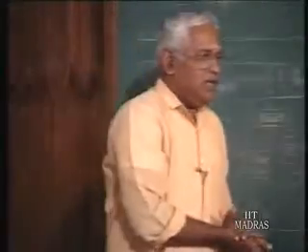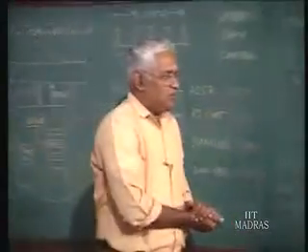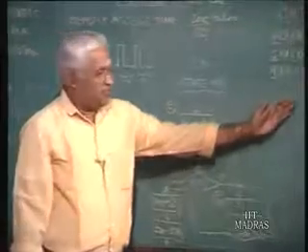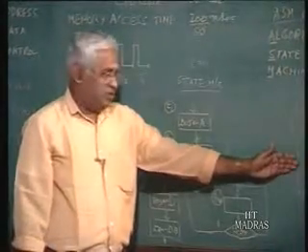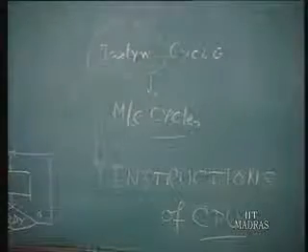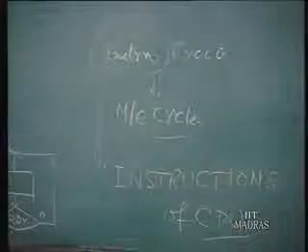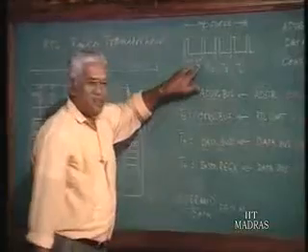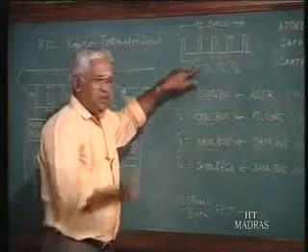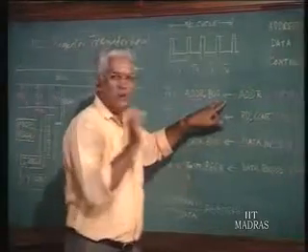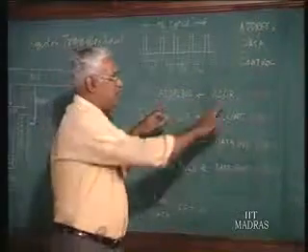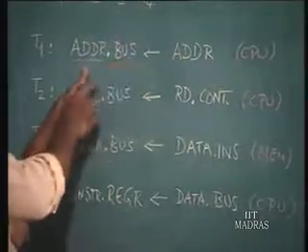Now, another thing is again related to the program and the sequence of instruction execution. When it comes to the last point, that is the state, it's a small step, one register transfer level activity that's going on.